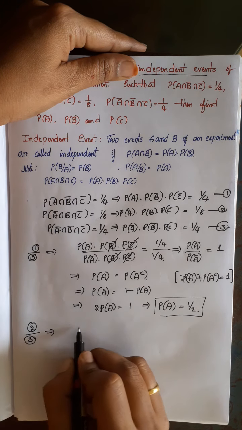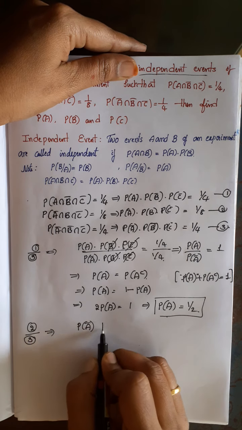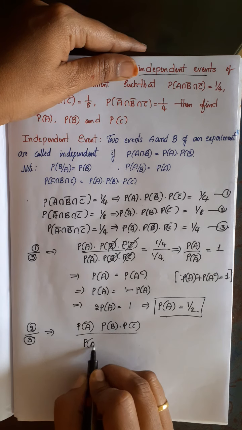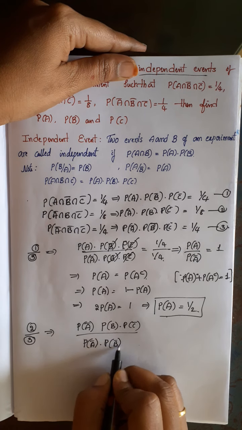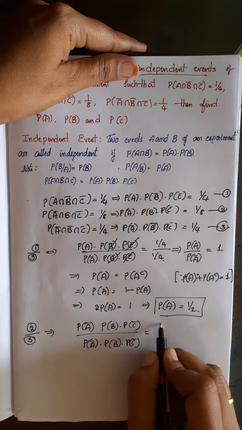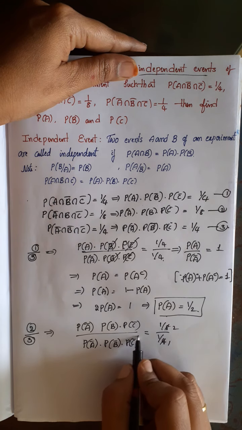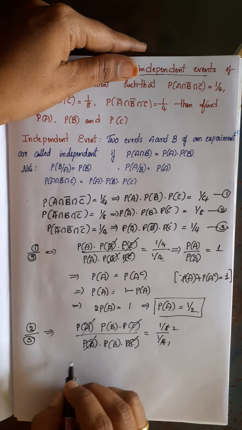2 by 3 let us do. P of A complement, P of B into P of C complement by P of C complement is equal to 1 by 8 by 1 by 4. 4 ones, 4 twos. So here these two terms get cancelled, these two terms get cancelled.